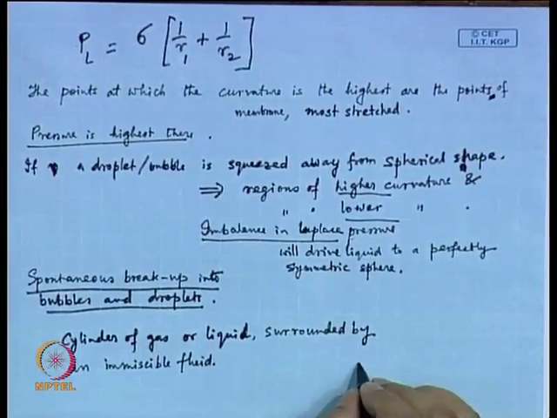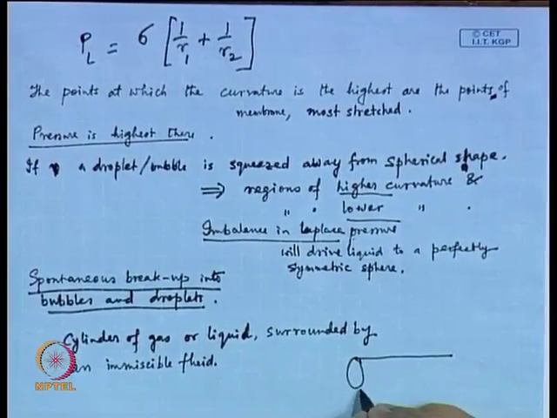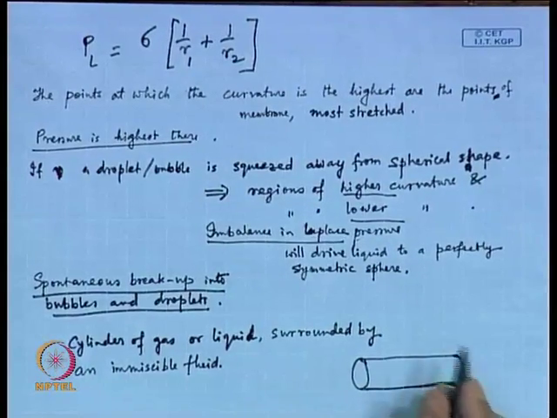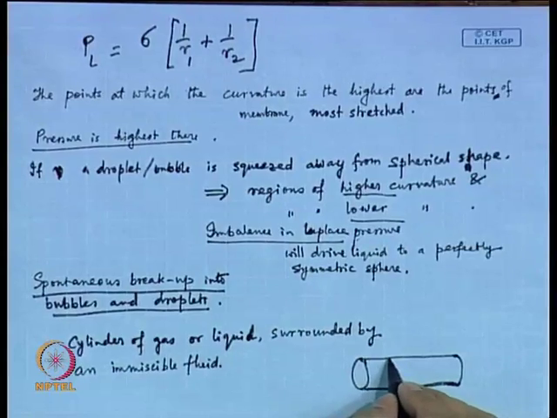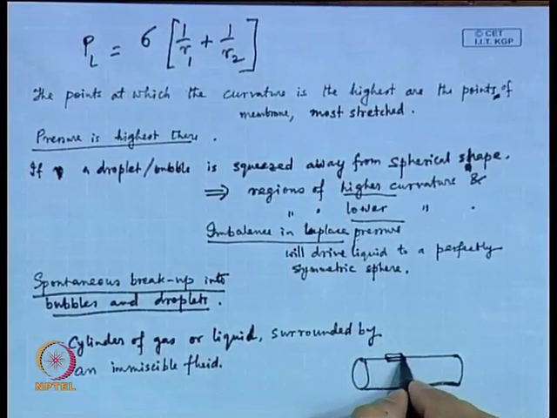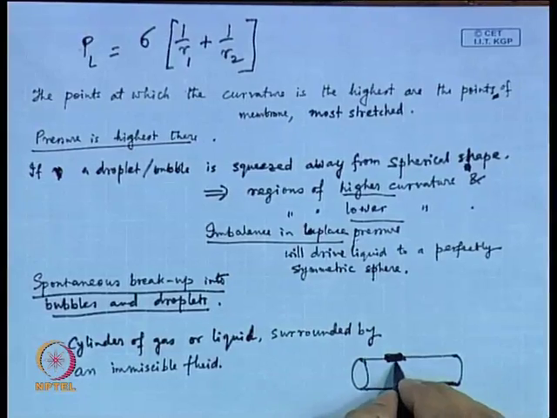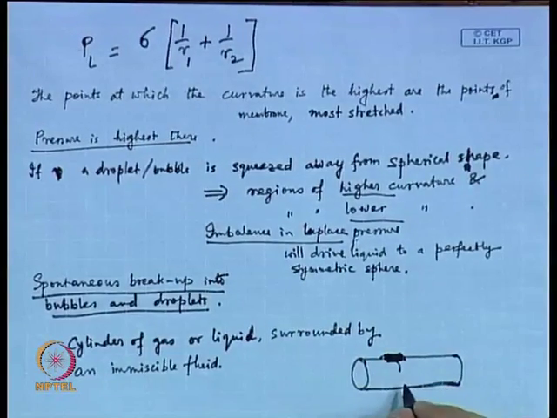So, we are talking about a cylinder surrounded by another fluid. It can be a cylinder of air surrounded by water, or a cylinder of oil surrounded by water. Now, if somebody tries to find the radius of curvature of some element, there is a curvature in this direction, which I can understand.